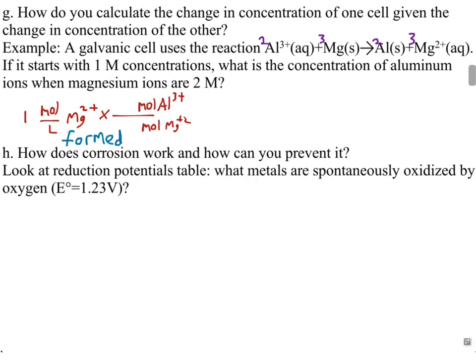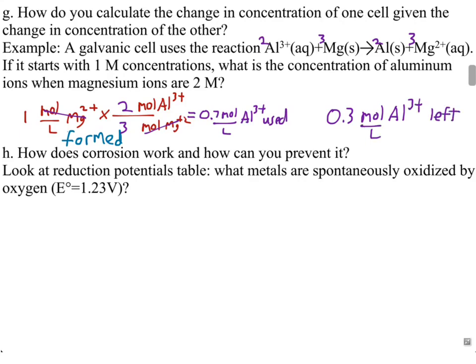We did that one earlier. So you put in 2 and 3, so that's 0.7 moles of aluminum that is used, because aluminum is a reactant. So if you started with 1 molar aluminum and then you used 0.7, the answer to the problem is 0.3 moles per liter. So that's pretty easy, but be careful again that you use the changes correctly and that you balance the equation.